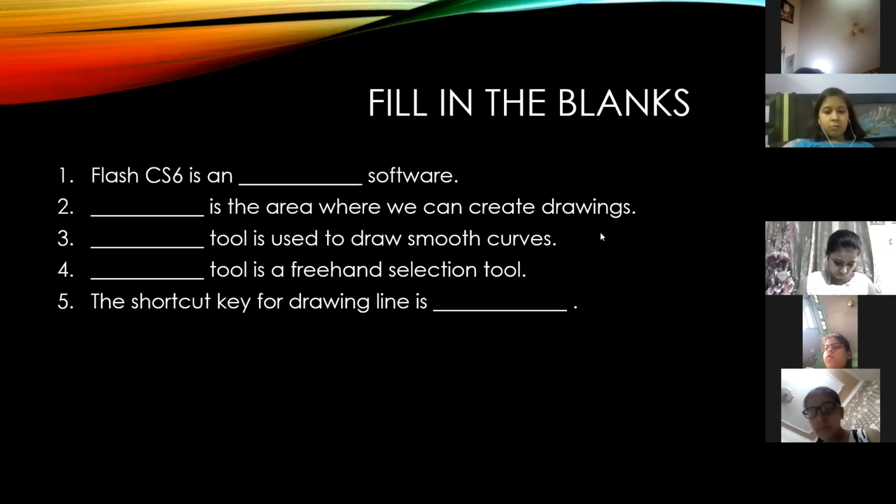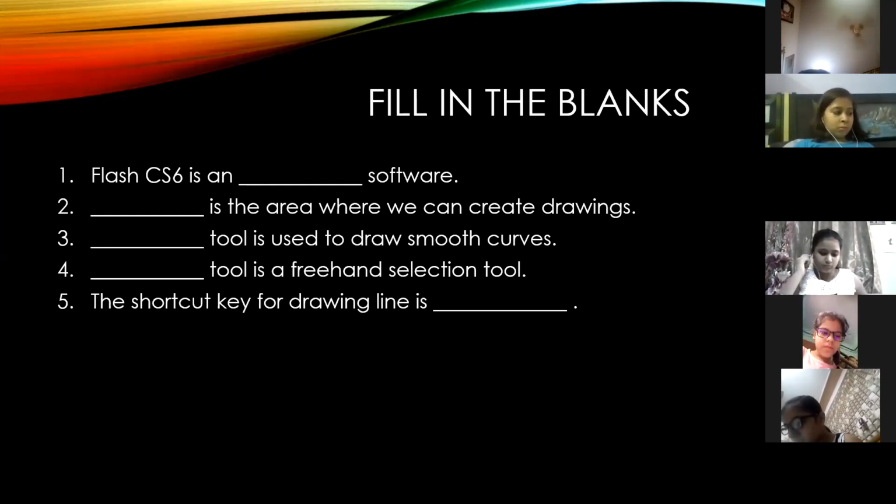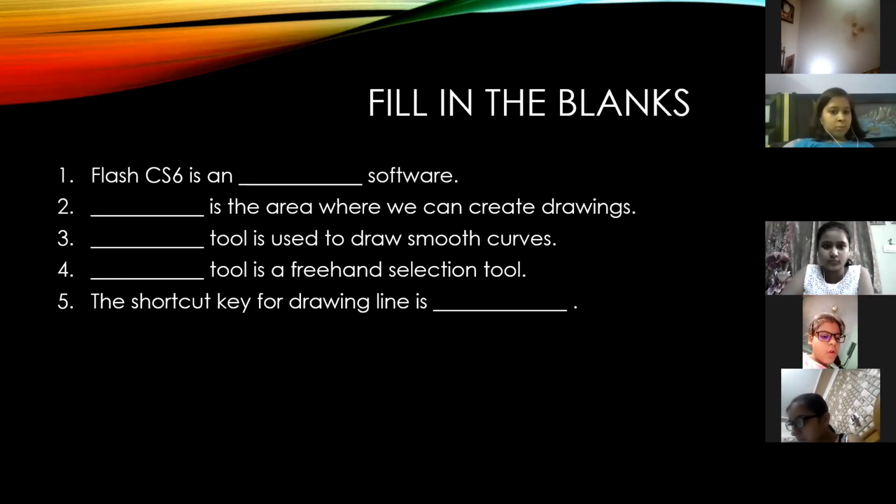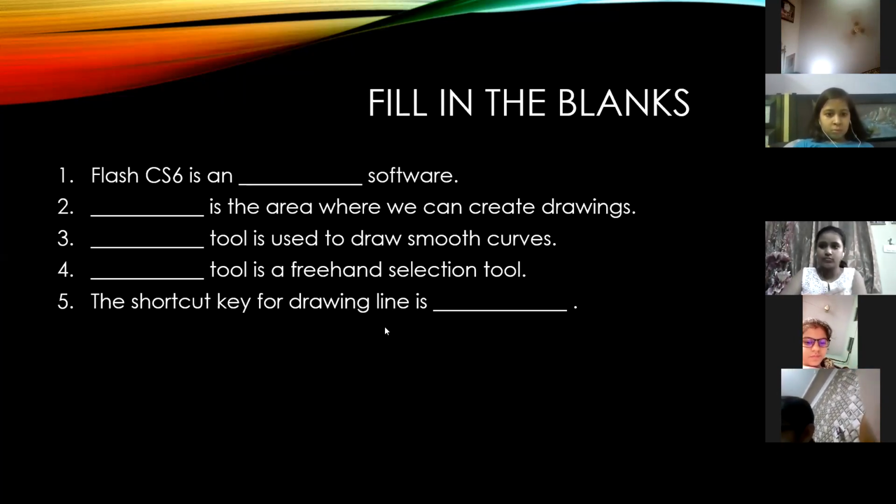Coming upon to the next one, let's ask this answer from Nitya. Dash is a free hand selection tool. Lasso tool. It is lasso tool. Very good. And the last one, the shortcut key for drawing line is N. When you want to draw a line in Flash, the shortcut key for this is N.